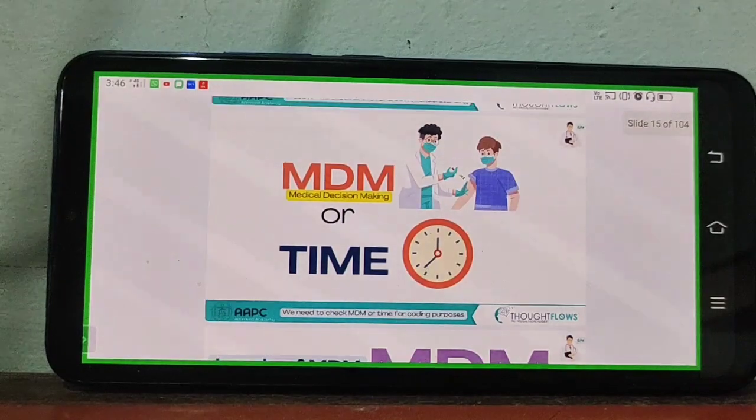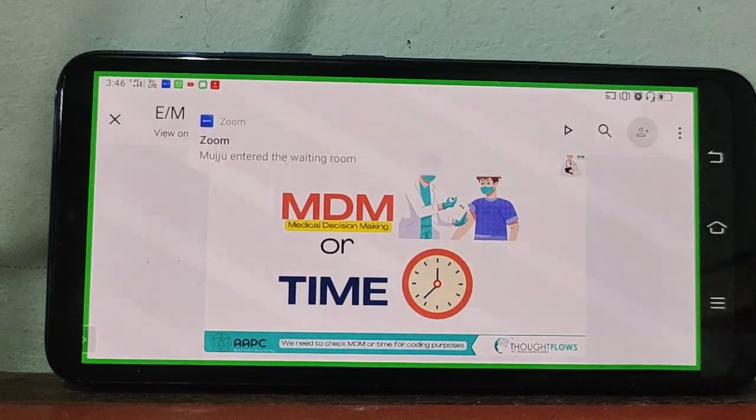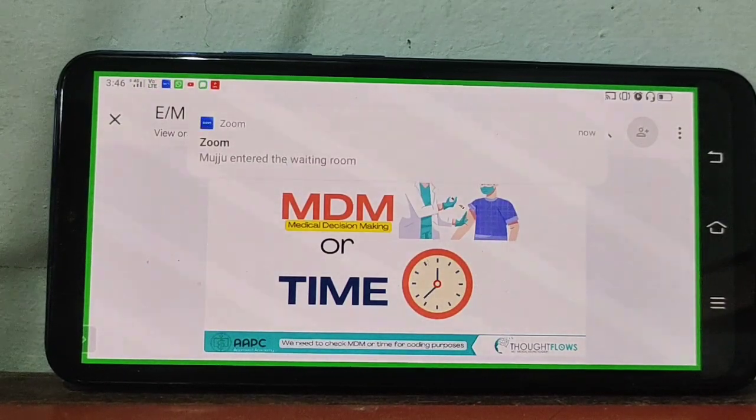You just check the MDM or time only. MDM means medical decision making. If time is mentioned in your document, no need to check the MDM. Based on the time, you can fetch the code directly.